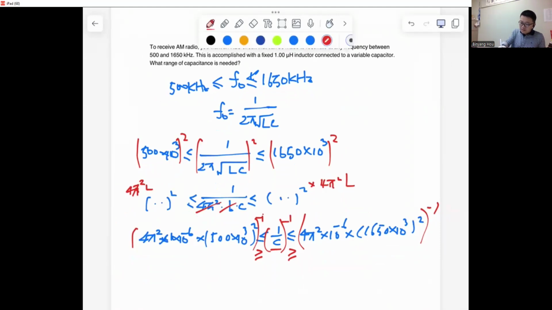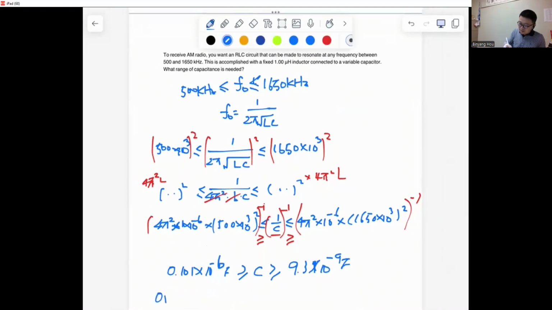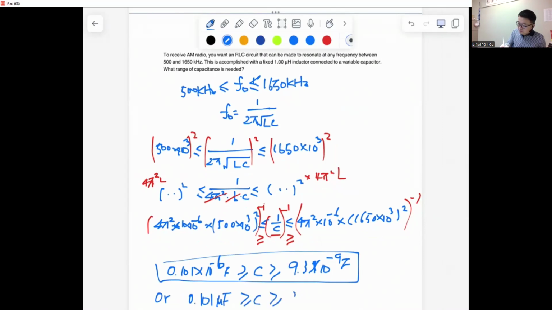The left-hand side should be equal to 0.101 times 10 to the minus 6 farad, which can be expressed as microfarad, greater or equal to C, and greater or equal to 9.3 times 10 to the minus 9 farad, which is nanofarad. So we can say 0.101 microfarad is greater or equal to C, which is greater or equal to 9.3 nanofarad. Either way, that's it on that.